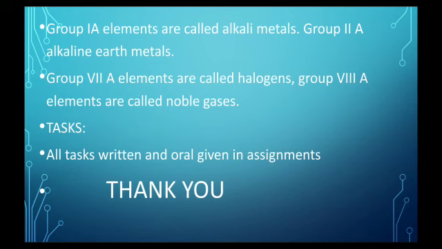So it is very easy to find out the place of an element in the periodic table. First you have to learn the names of the elements, and after practicing the electronic configuration and the names of the elements in the groups and the periods, you will automatically remember the place of many elements in the periodic table.